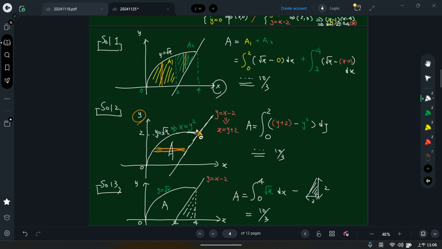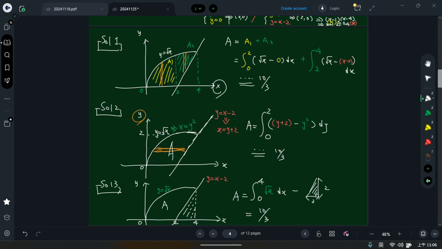Change the angle, right? Then the upper part will be y plus 2, means this one. This is the upper part. This is the lower part, y squared. So upper part minus lower part will be this one.